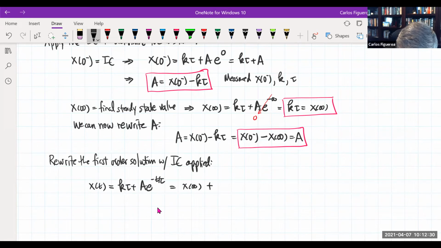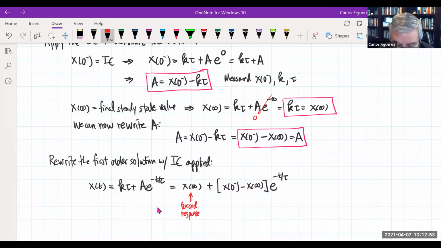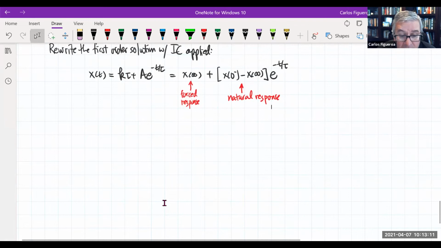And then A, we saw, looks like this, times e to the minus t over tau. This is a very important result, because this first term tells us about the forced response. This is what the source is forcing the capacitor to do. And this here is the natural response. What the natural response tells us is how the capacitor decays from its initial state to the final state.